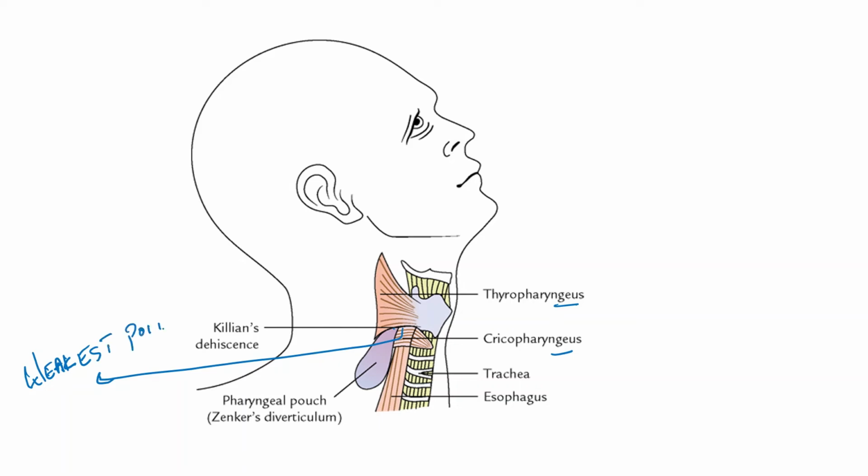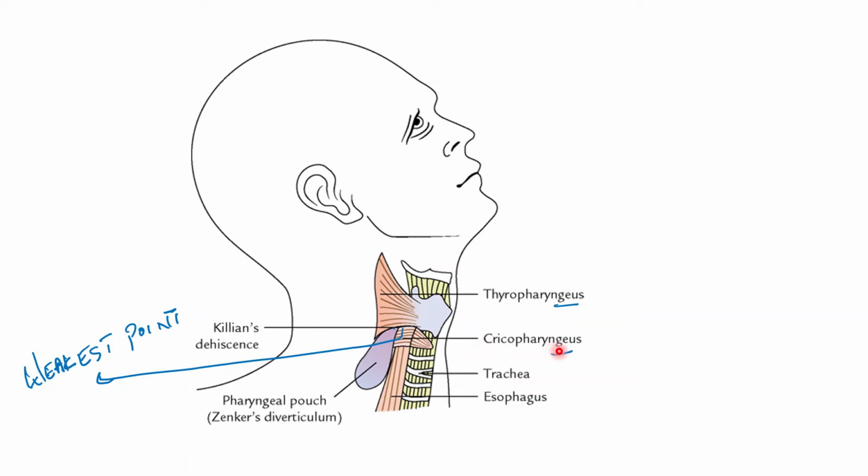because the area above the dehiscence is reinforced by all three constrictor muscles, that is the thyropharyngeal part of the inferior constrictor muscle, and the superior and middle constrictor muscles, whereas the area below this point, that is below the thyropharyngeus, is supported only by the cricopharyngeal part of the inferior constrictor muscle.